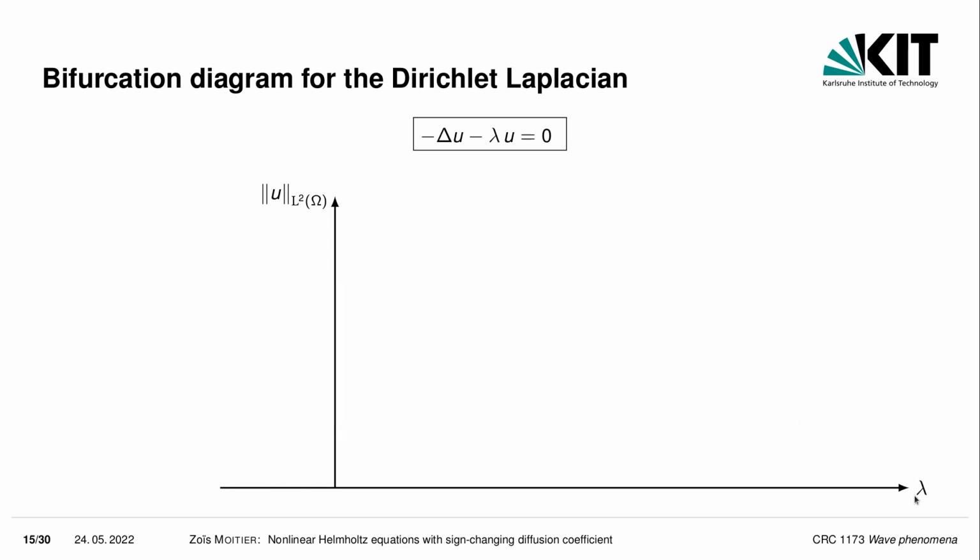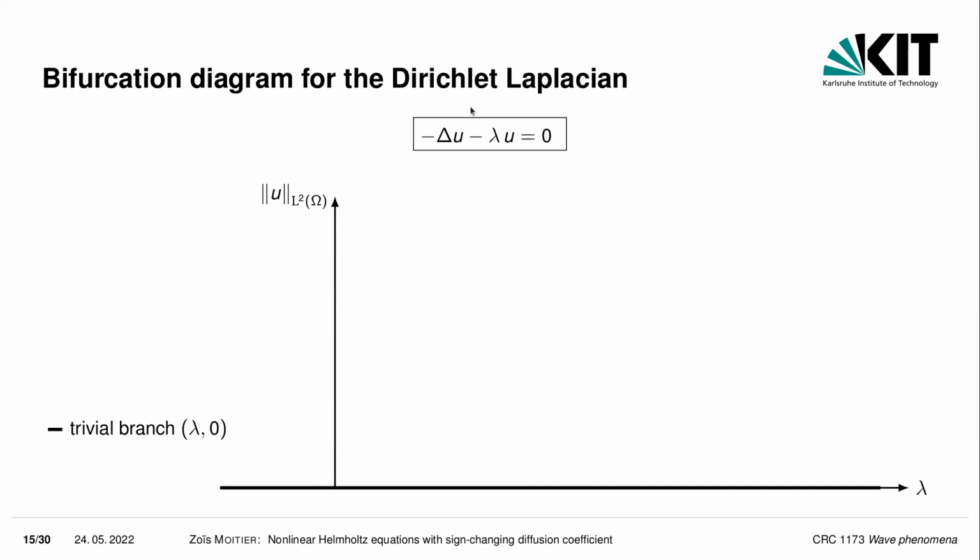So on the x-axis, I put lambda, my scalar parameter lambda. And on the y-axis, I will put the L2 norm, for example, of u. And so in this diagram, we already talked about the trivial branch. The trivial branches are all the solutions of the form (lambda, 0). So they are all solutions.